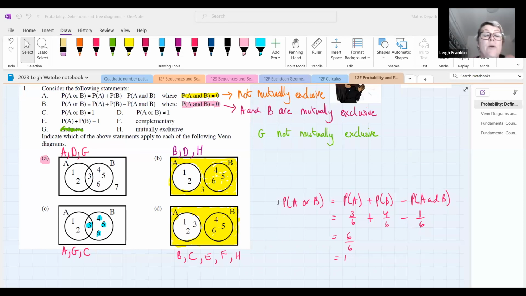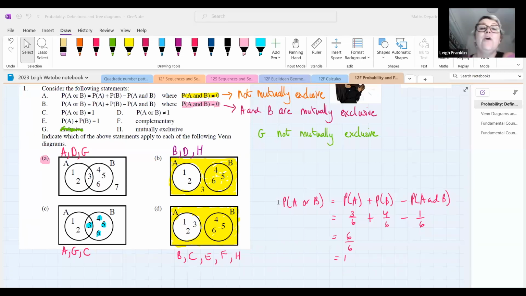All right, so in diagram B, A is not the complement of B. The complement of A, everything that isn't A, is not just what's inside B, because you've also got something outside of B in the sample space, which is that 3.